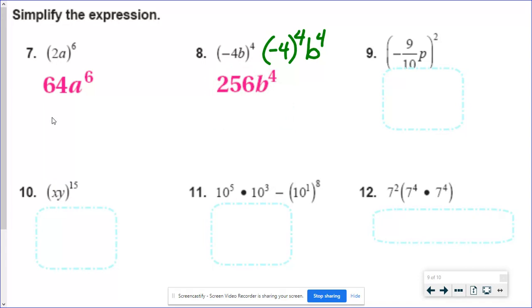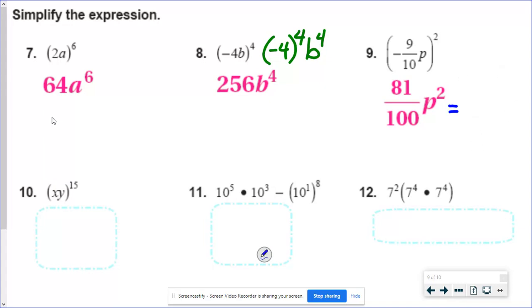In number 9, when I have -9/10 getting squared, -9/10 times -9/10 will be a positive 81 over 100, right? Just squaring the 9, squaring the 10, and then the p squared. Notice that p squared isn't really in the fraction. You can write this as, oops, that one didn't look very good, did it?